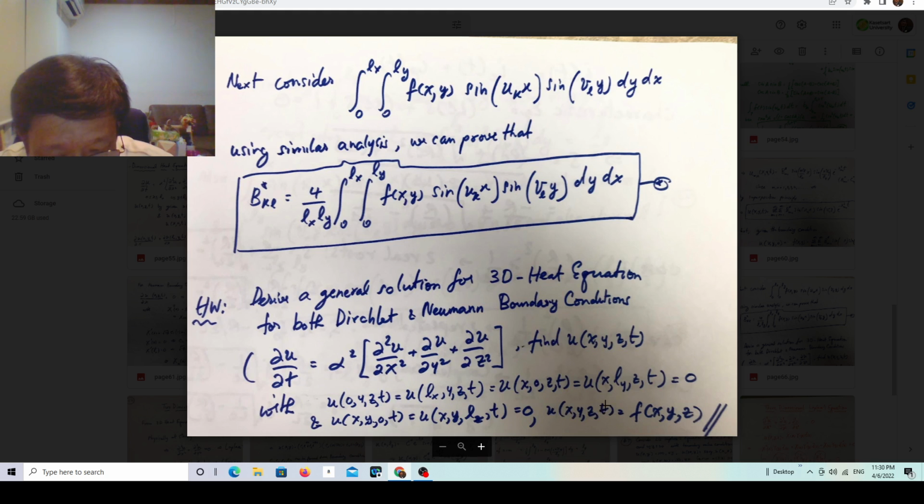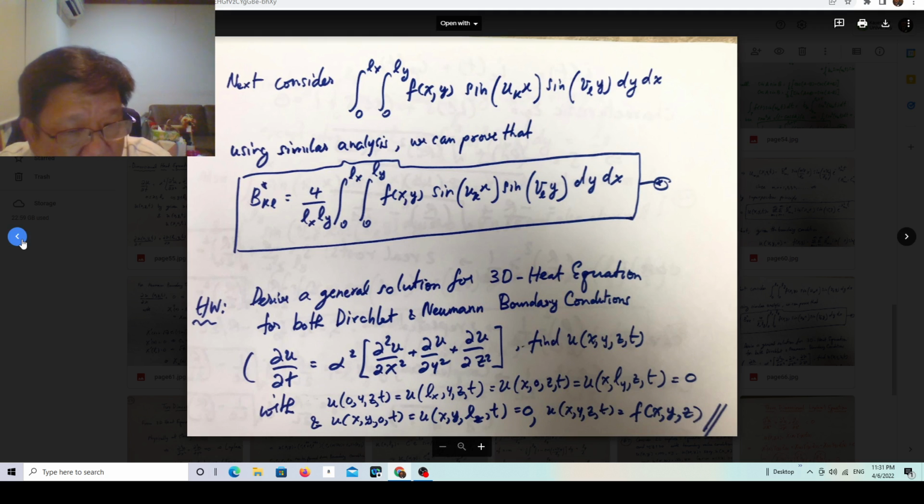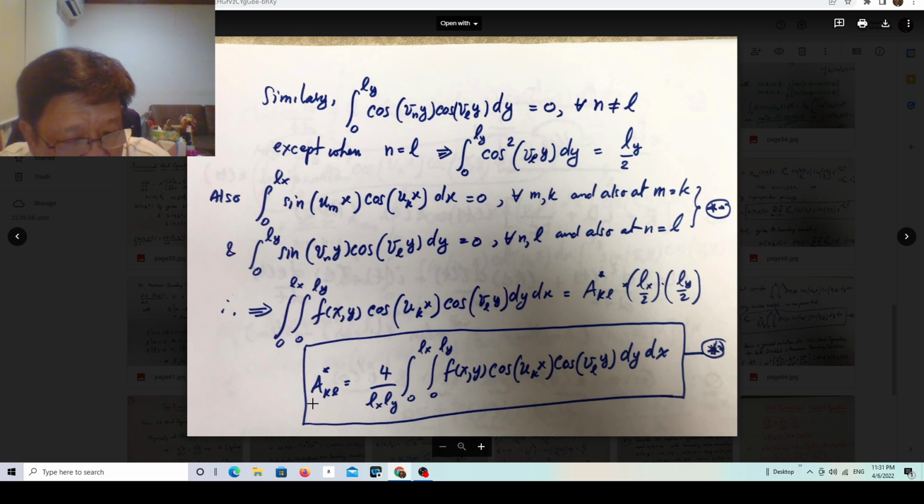U of x, y, z at time 0 needs to be equal to f of x, y, z. So if you extend this for the three-dimensional heat equation, you probably can guess. For example, this one, instead of kl, you need one more index over here, and this one should be 8, and you have L sub z.